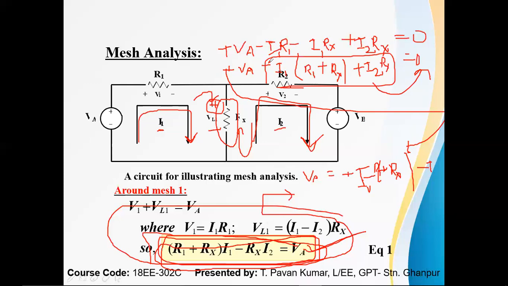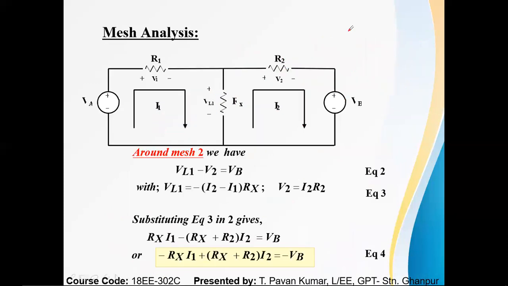If I apply the same for mesh 2. So this is mesh 2, and now I am writing the mesh 2 equation. So here my signs are plus and negative, plus and negative. This is my current direction. Let me write this approach, right?